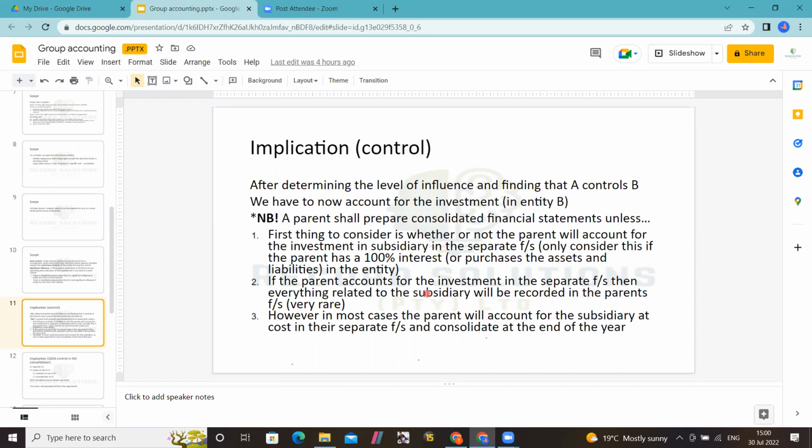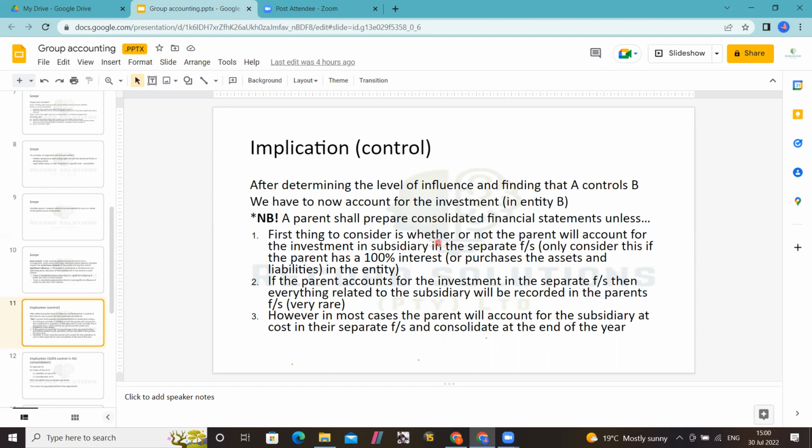If 100% of the entity was purchased, that means you have a choice whether it can be consolidation or no consolidation.